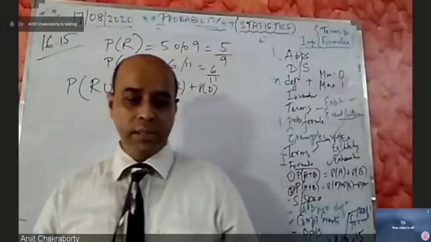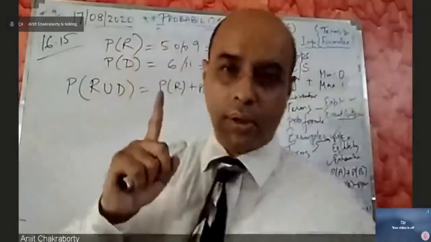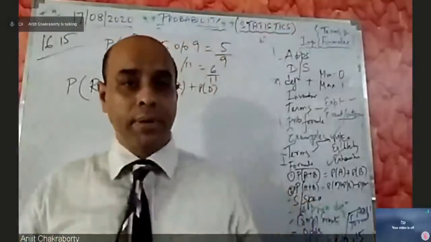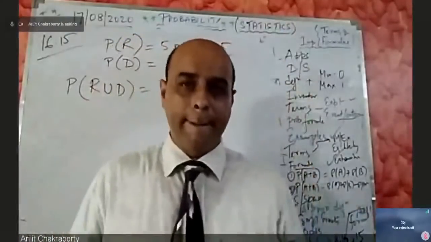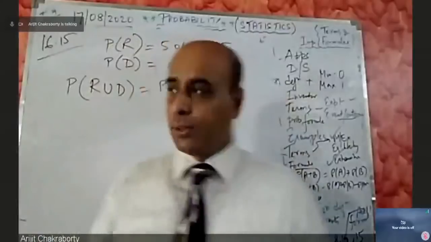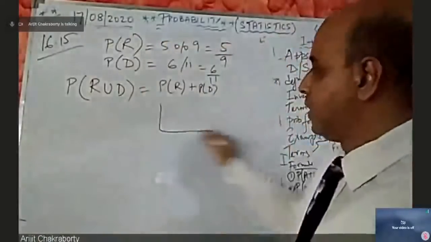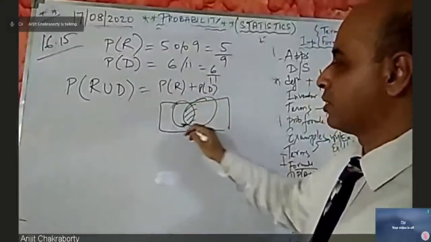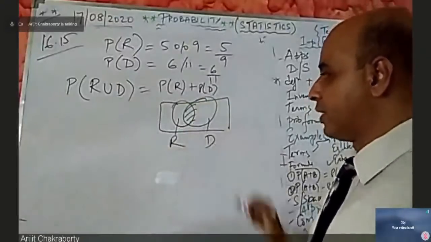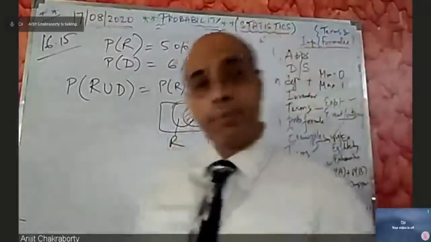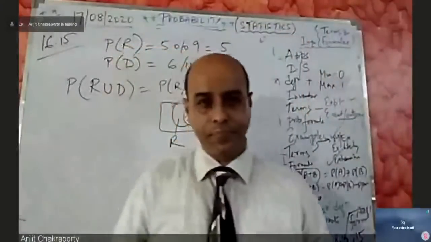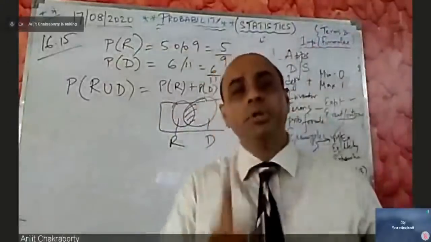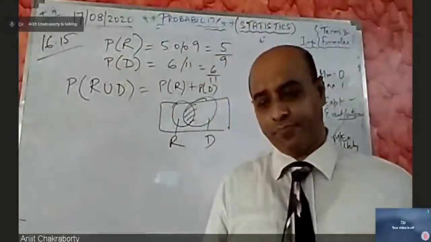Mutually exclusive means either Rupesh will hit the target or David will hit the target. But here, there may be a probability that both will hit the target. In the Venn diagram, there is an intersection. If this is Rupesh and this is David, there can be a possibility that both are hitting the target. That means these events are not mutually exclusive.